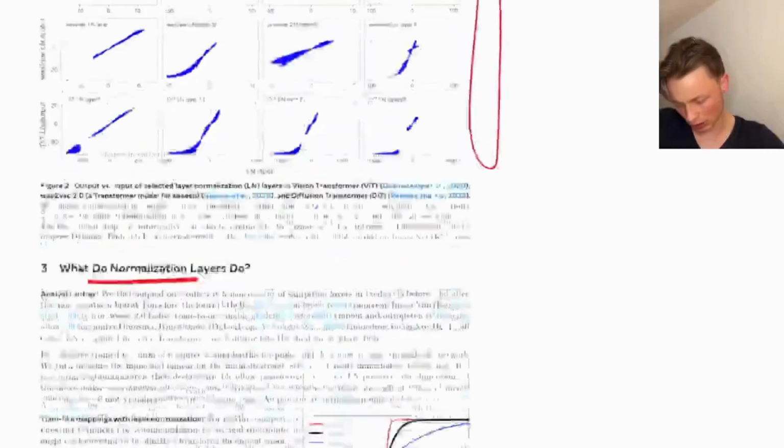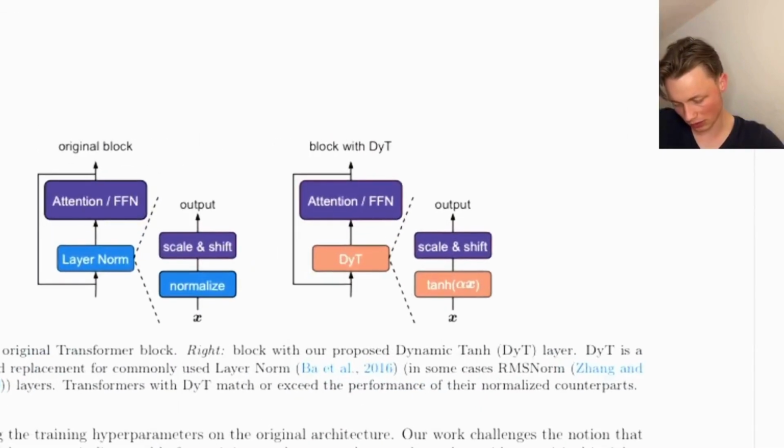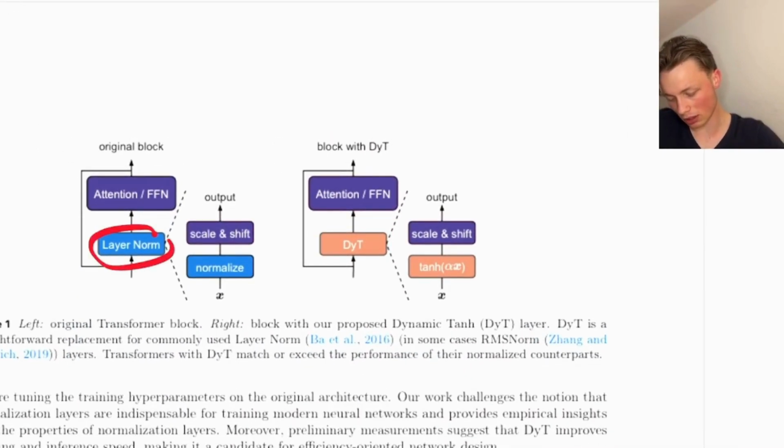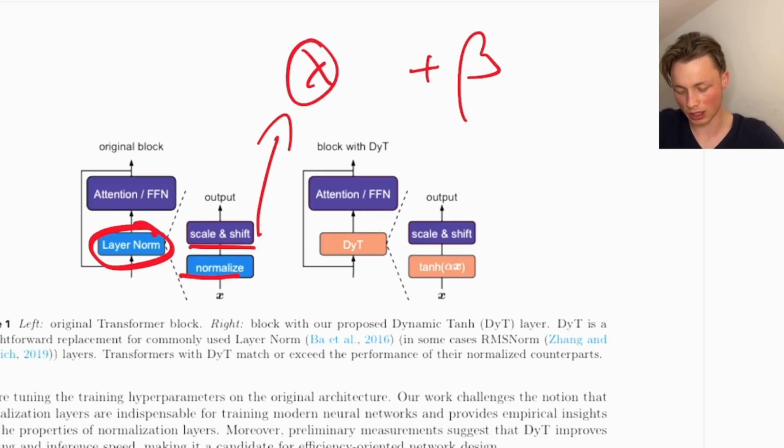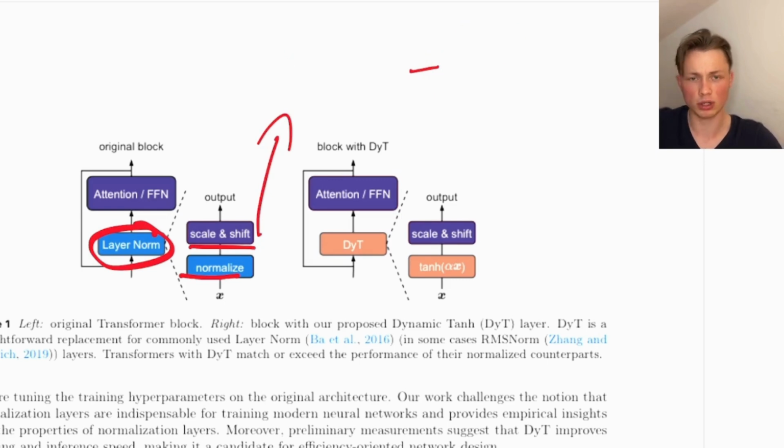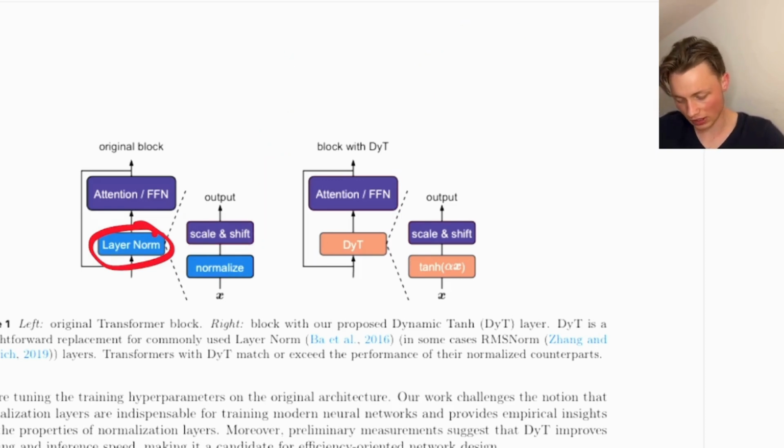So if you look at this picture here, we can see, instead of doing the LayerNorm with the normalization and then scale and shift, where scale and shift is just this plus beta. So this is our mean or our calculated distribution, and then we have two parameters to scale it.